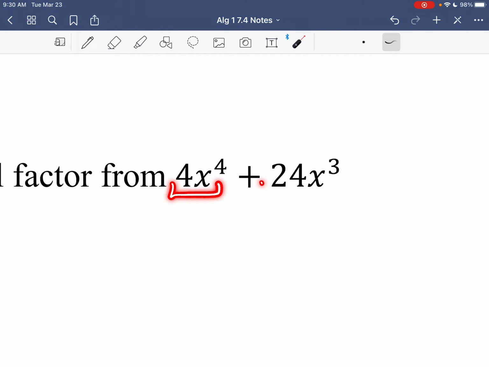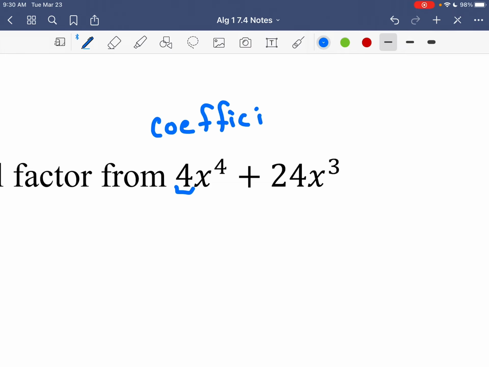So I want to figure out what's the biggest thing I can take out of both of these evenly. To do that, I'm going to look at their coefficients, the number parts. Remember we talked about those coefficients? I'm going to look at the factors of those coefficients, or more so, what multiplies to give me those.